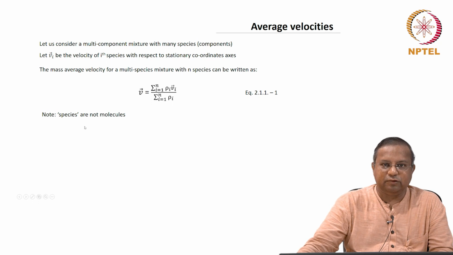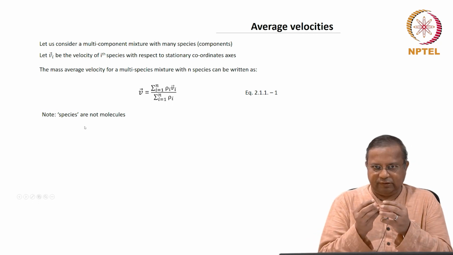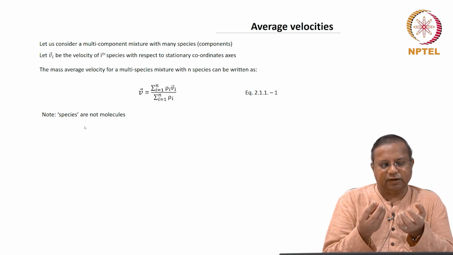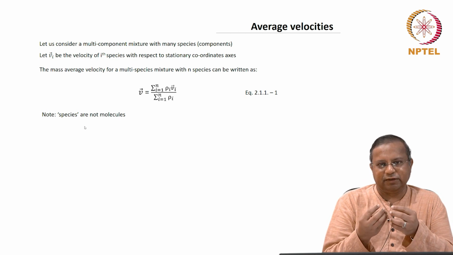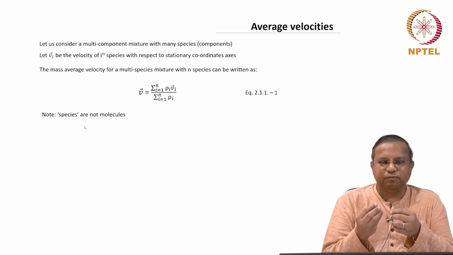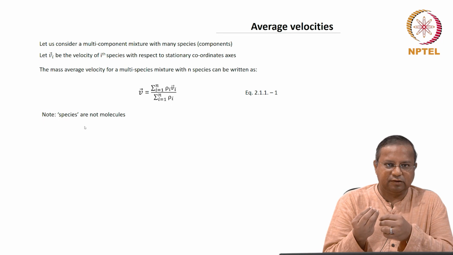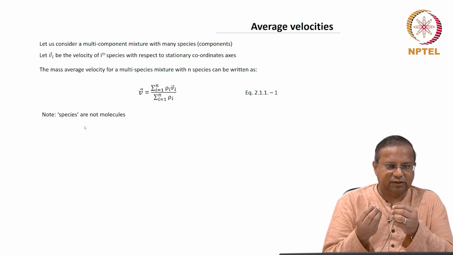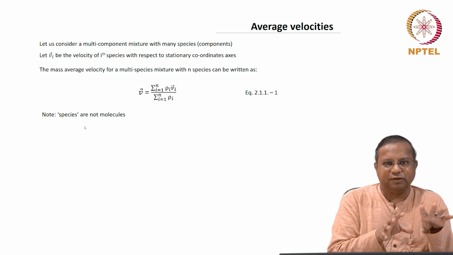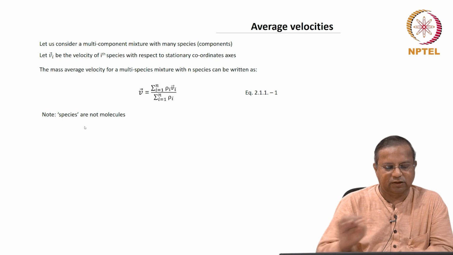Species are not molecules. Okay. Species is a concept, it is something like a neighborhood concept in mathematics. It is small enough to be considered some sort of a representation, but it is large enough so that the individual molecule level aspects are not taken into account here.